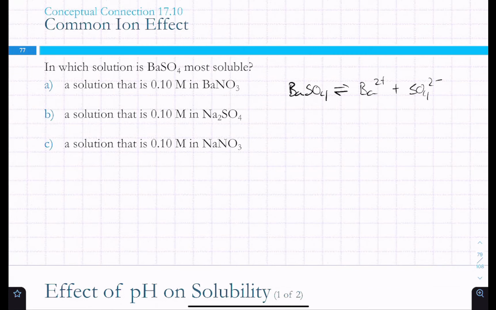So A has barium ions in it. B has sulfate ions in it. Both of those are common ions to barium sulfate, so those will suppress that solubility. But C doesn't have any common ions. Because there's nothing already in the solution that matches the ions that would be produced by barium sulfate, it will be most soluble in that solution. Still not going to be very soluble.